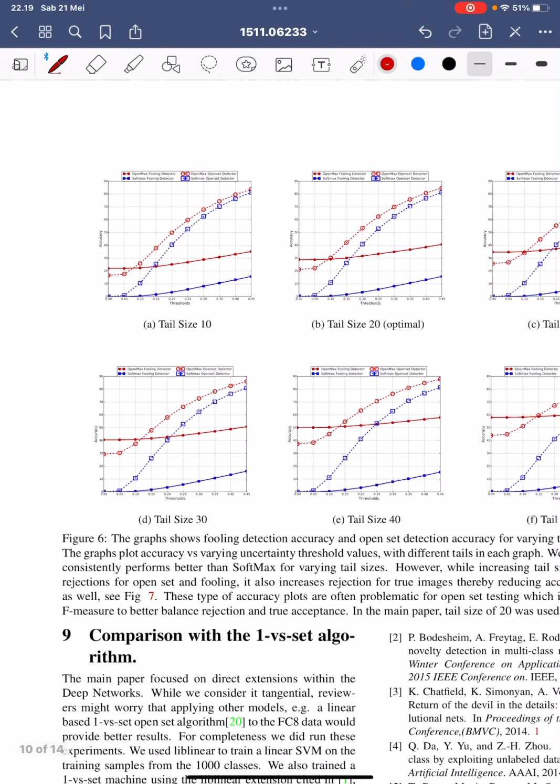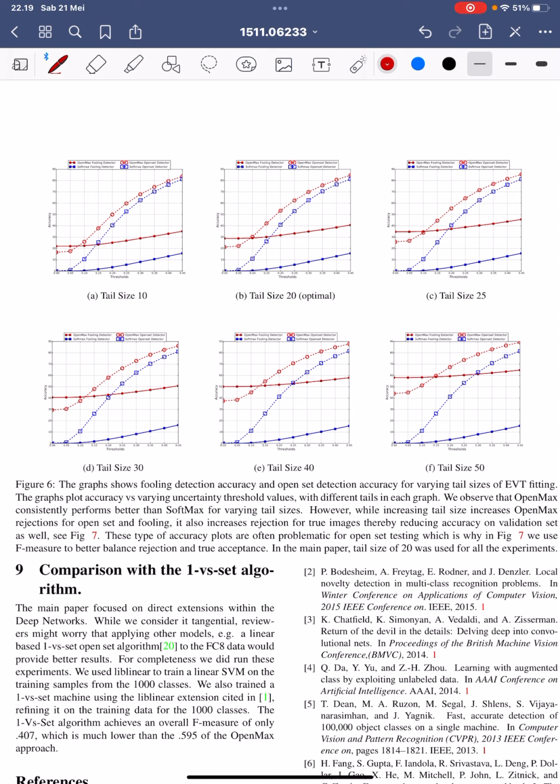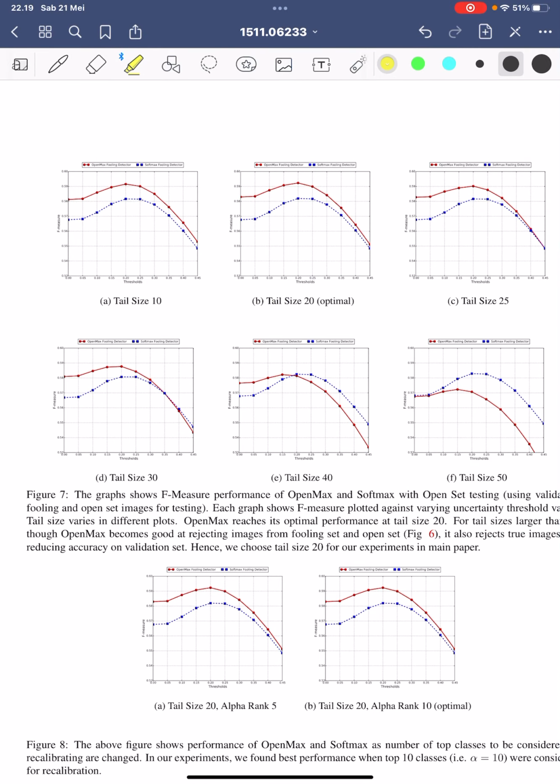It's also quite sensitive to the tail size. As you can see, the optimal tail size is 20. As we increase the tail size, it can predict better performance on the open set, but at the same time it sacrifices the closed set accuracy, which is just the normal accuracy of the deep neural network, as you can see here.